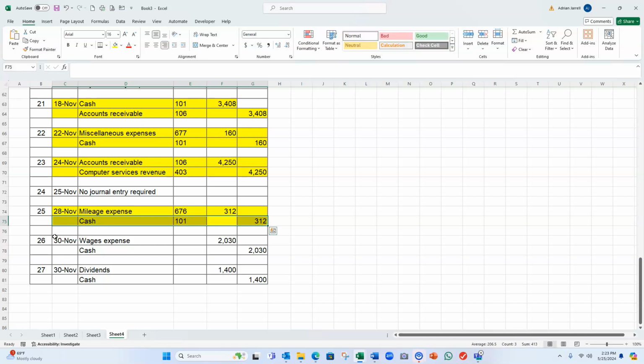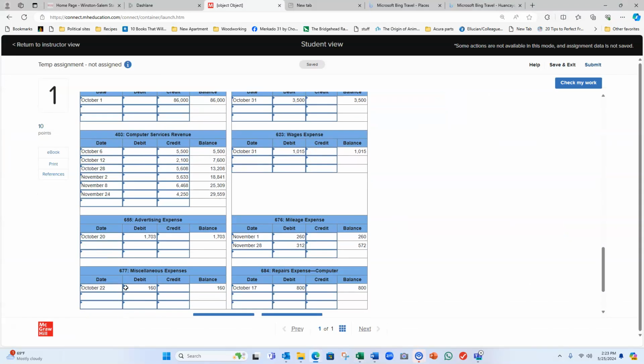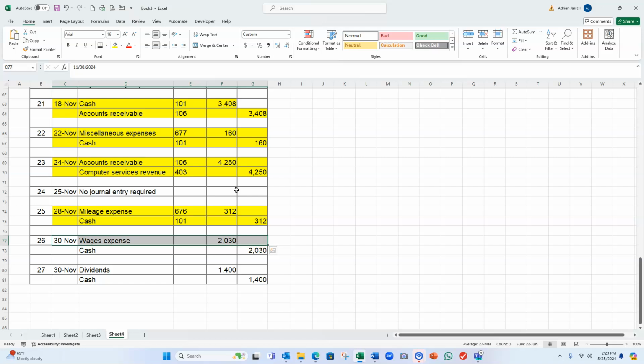We're going to debit wages expense $2,030 on the 30th. Account 623. And let's do cash credit on the 30th.